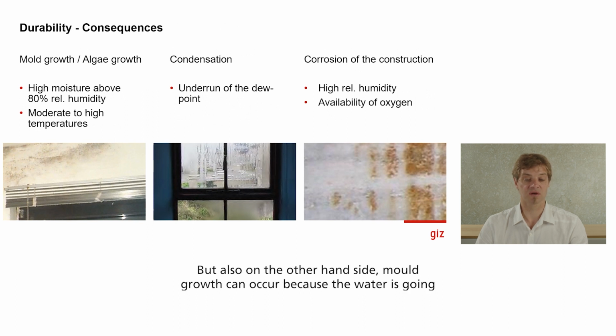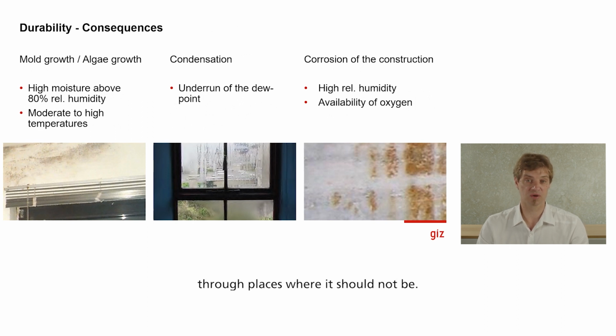But on the other hand side, mold growth can occur because the water is going through places where it should not be. This for the basics of the durability and the consequences out of it.